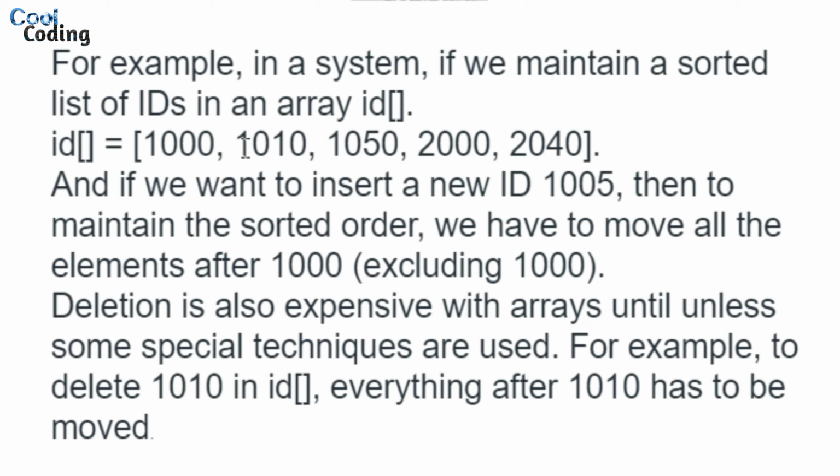So what we have to do is move 1010 to the next position, 1050 to the next position, then 2000 to the next position, and then 2040 to the next position. Only 1000 will stay here.